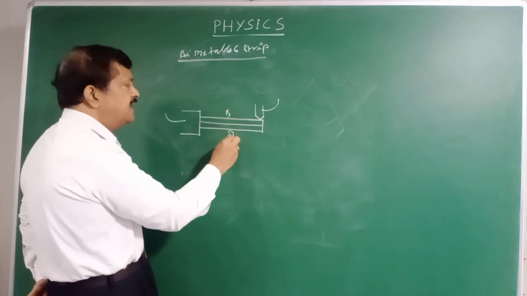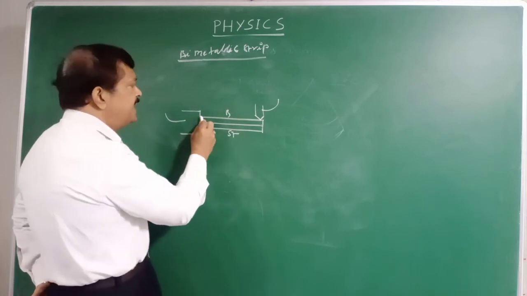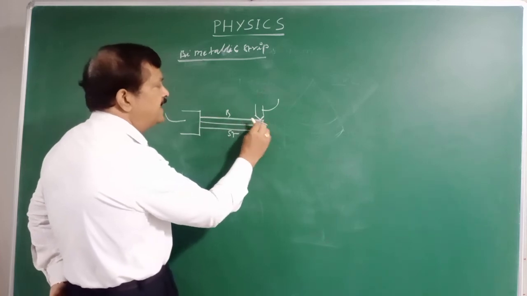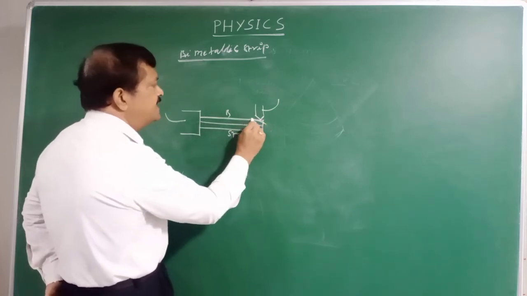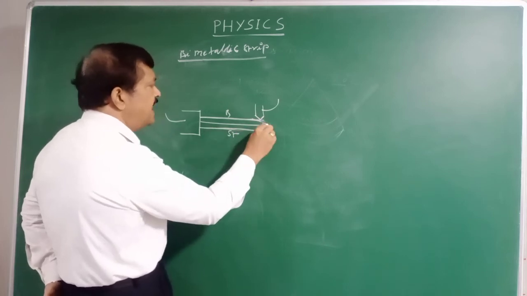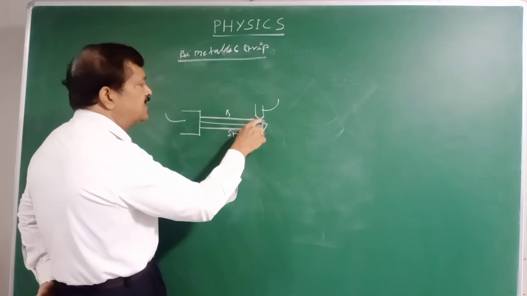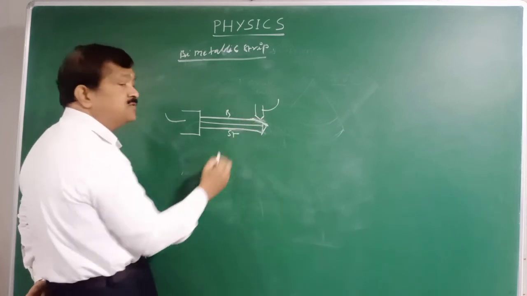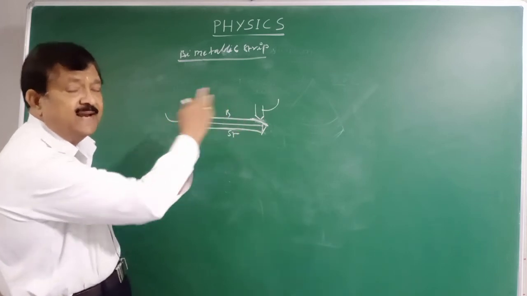This is brass and this is steel. Due to change of temperature, this brass will be slightly bending at the end. It bends slightly like this. When it bends at the end point, the bimetallic strip appears to be like this. As it is bending at the end point, the contact is lost here. When the contact is lost, the circuit becomes open. There will be no power passing in the circuit.